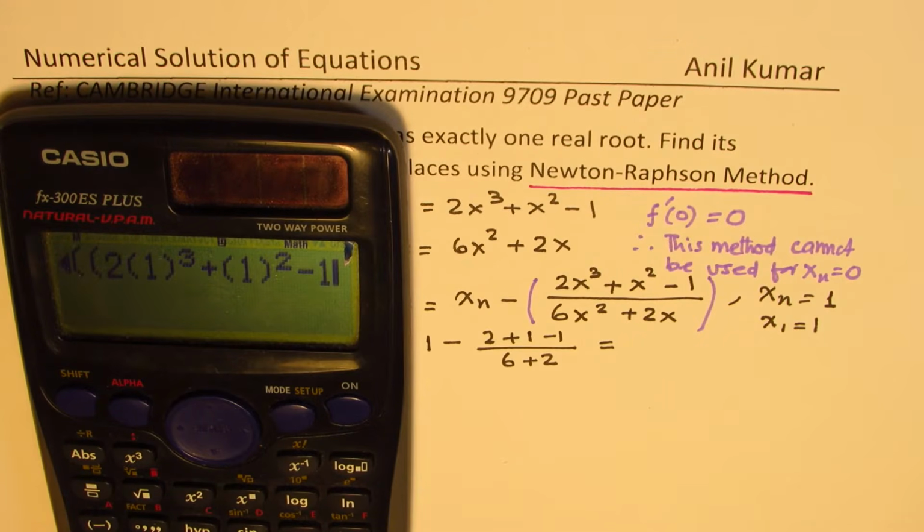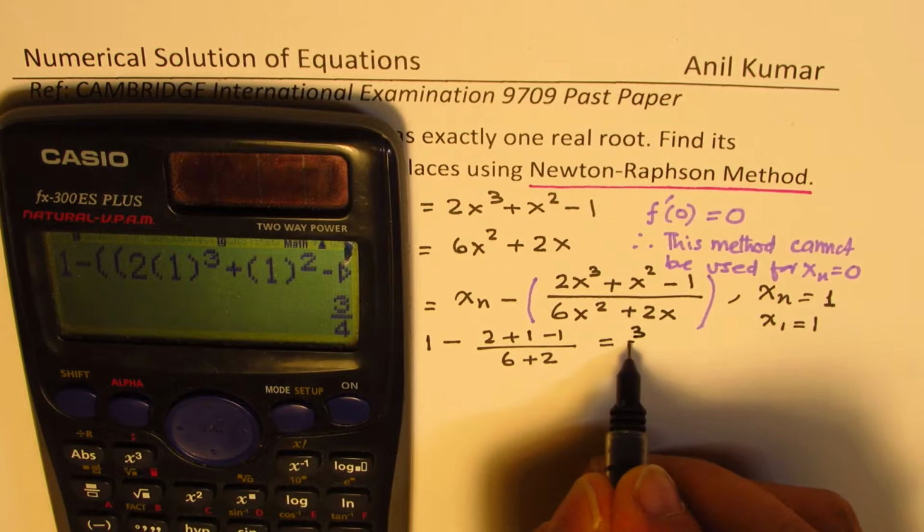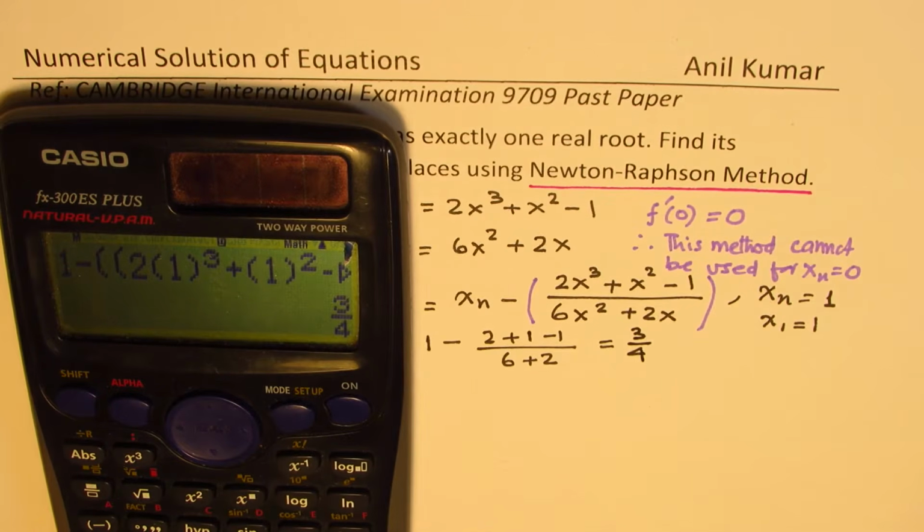Bracket close, divided by the denominator, which is 6 times 1 squared, plus 2 times 1, and 2 brackets closed. And that gives you the value 3 over 4. So we get one value, which is 3 over 4. Now 3 over 4 is our answer, right?